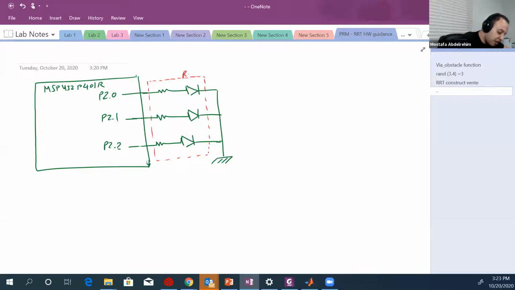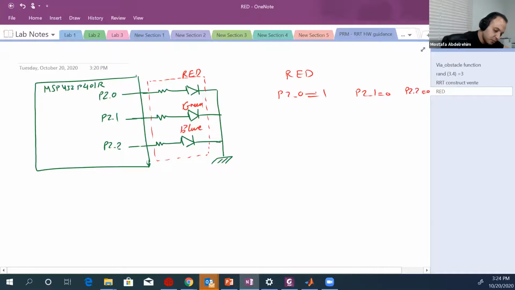One lights red, this is green, and this is blue. So for example, if you want only red, you send 1 on B2.0, and 0 on B2.1, and 0 on B2.2.